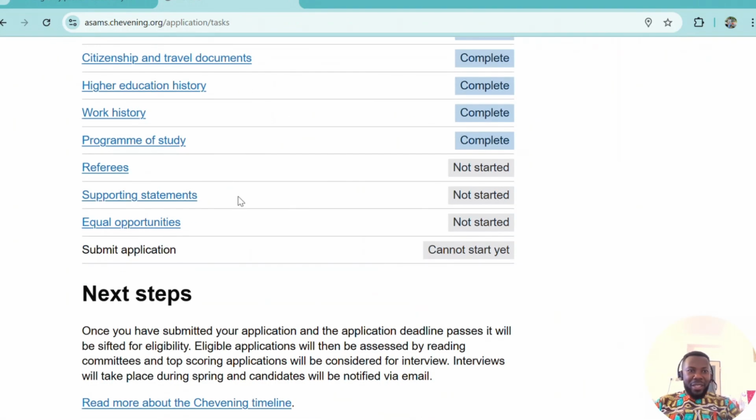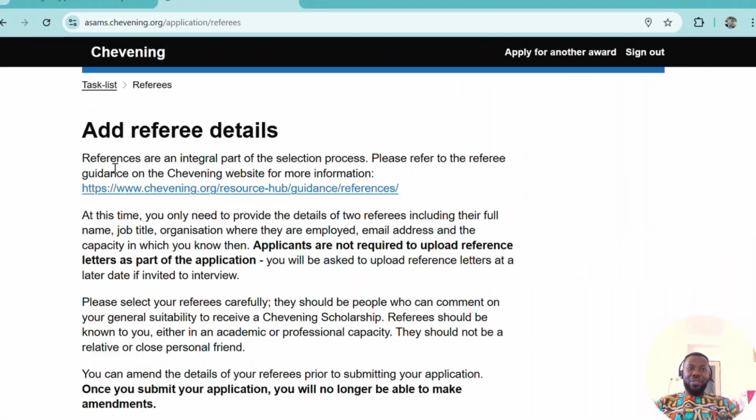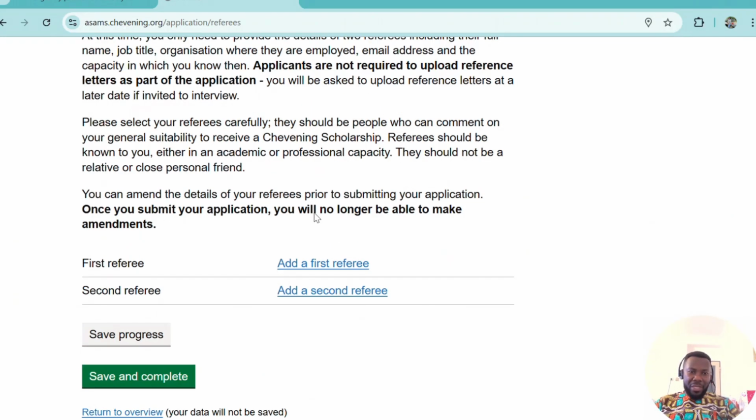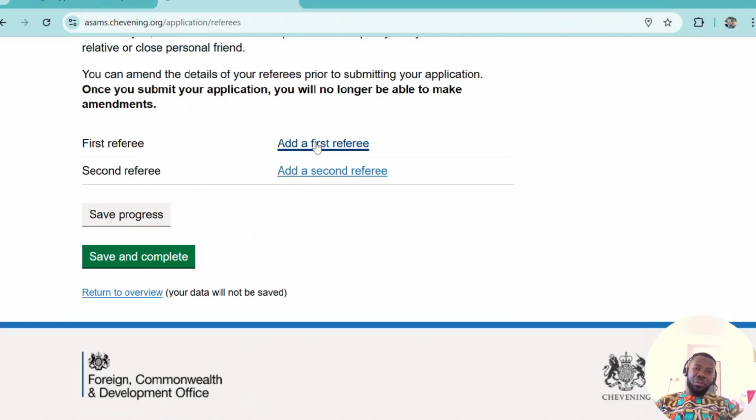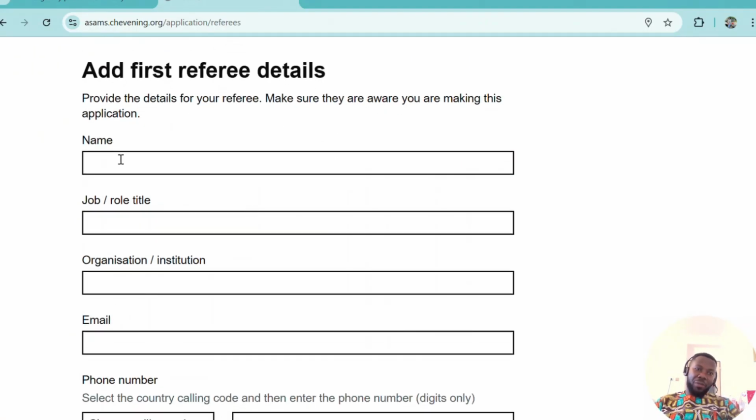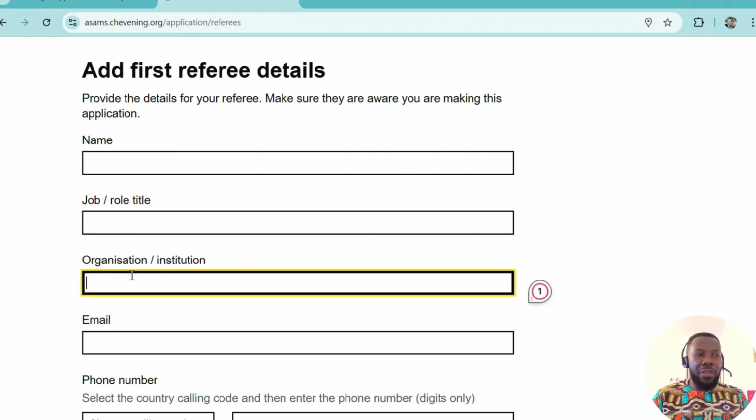All right. The next, referees. Add a referee detail. You may add up to 2 referees. You have to put their name, their job title. If they are lecturers, if they are professors, you put it. Organization, institution. So if they are related to a university, you put the university's name.